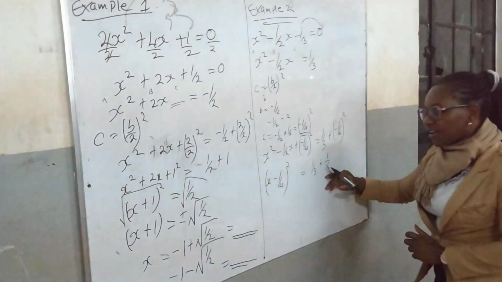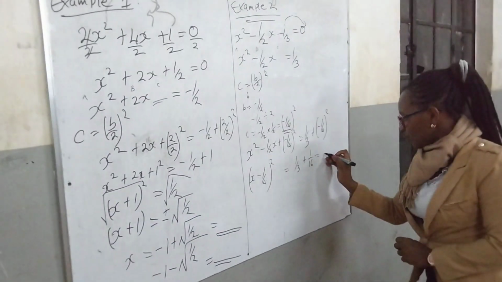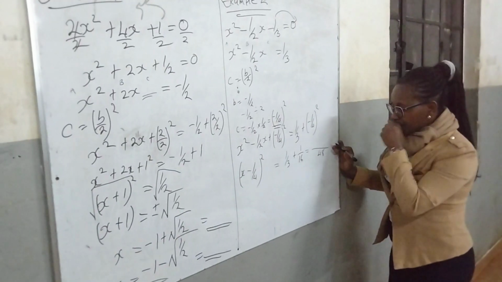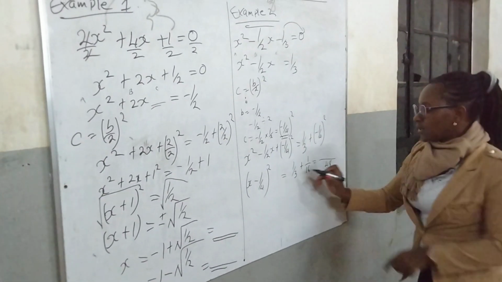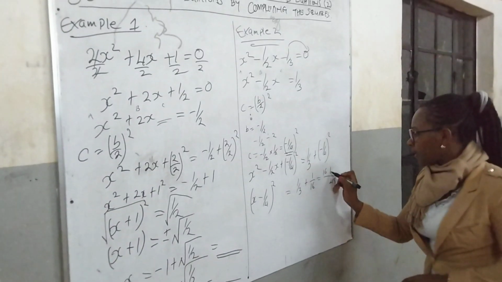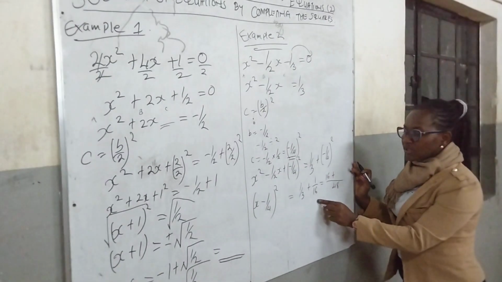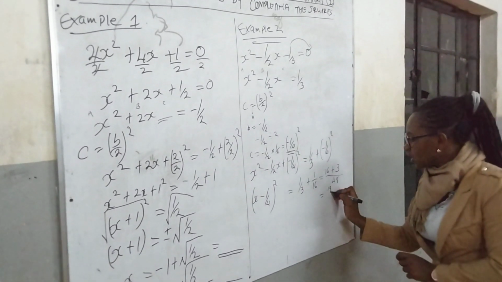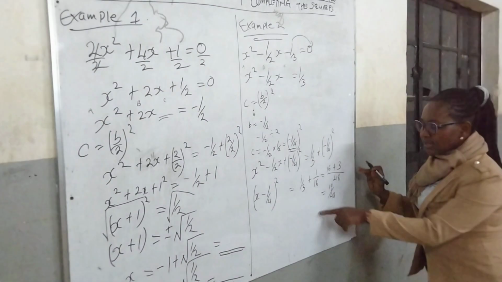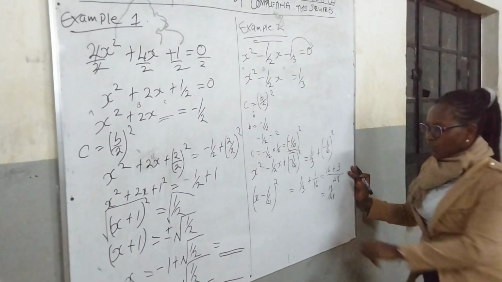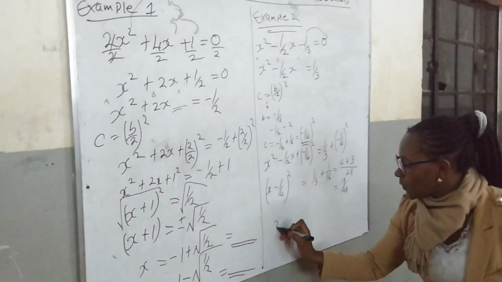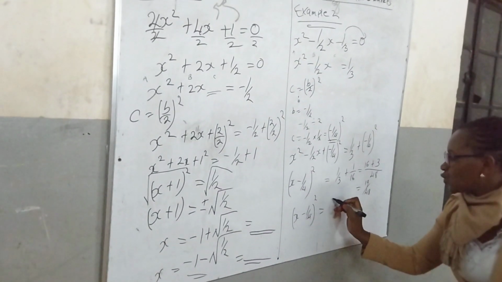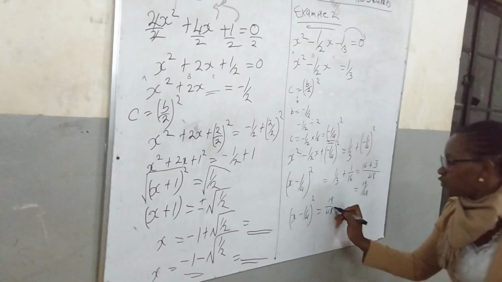On this part, we can find the LCM, which is going to be 48. 48 divided by 3 is 16, 16 times 1 is 16, plus 48 divided by 16 is 3, 3 times 1 is 3. And we'll have 19 over 48 as the answer on our right hand side. So now we say (x minus a quarter) squared is equal to 19 over 48.